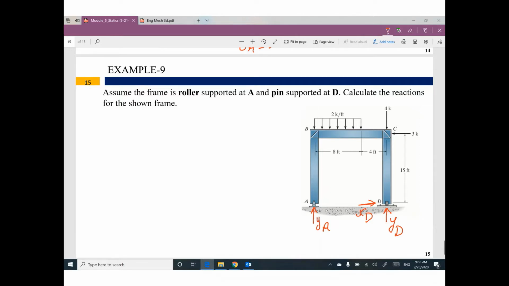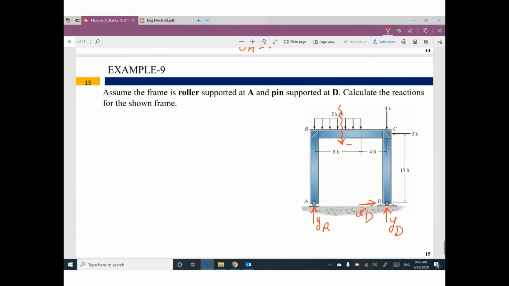Before starting, we have something here called uniform distributed load. Can you watch it? With 8 feet length, 2 kb per foot value. So I'm gonna convert it to equivalent like this. Do you remember where? At mid distance.